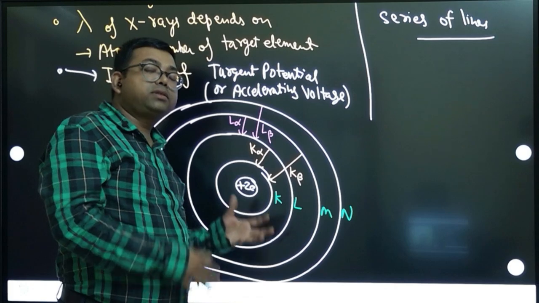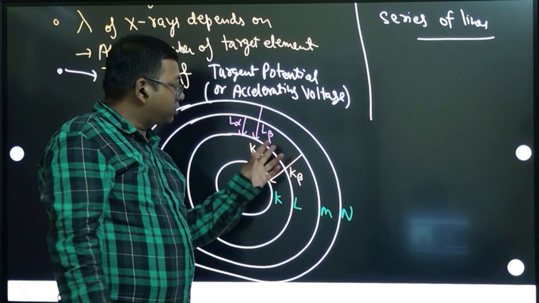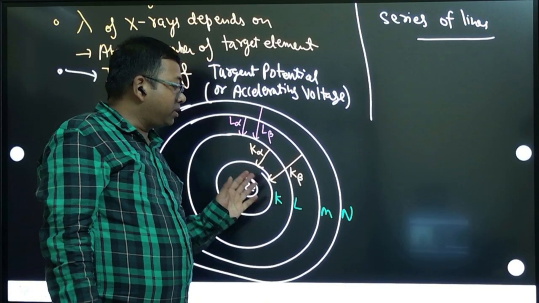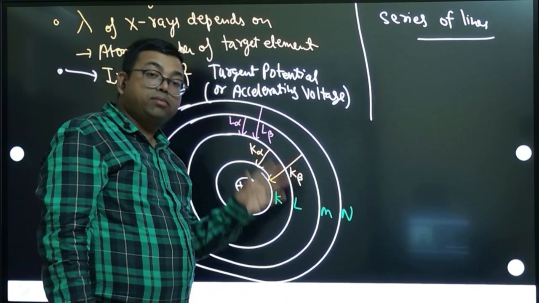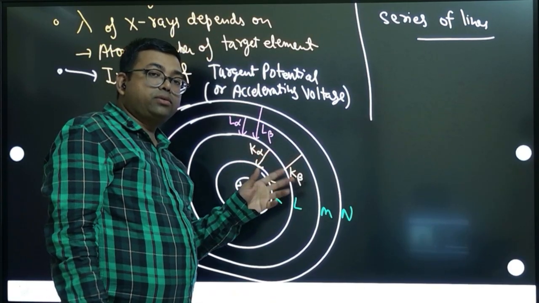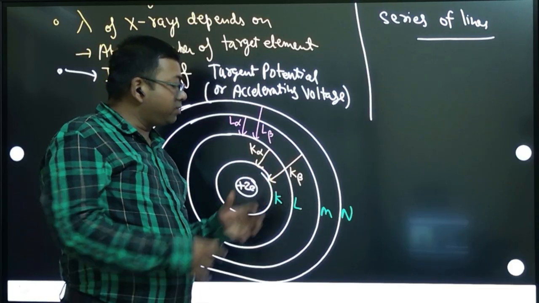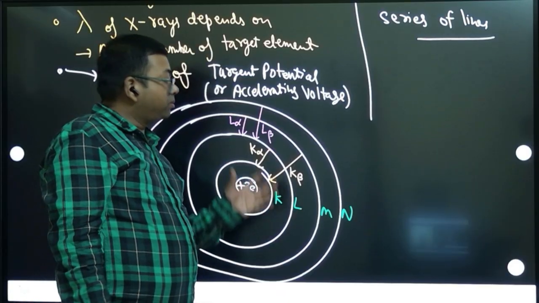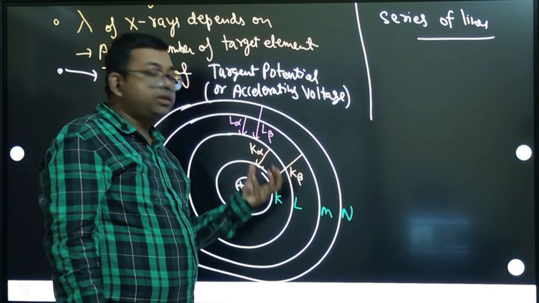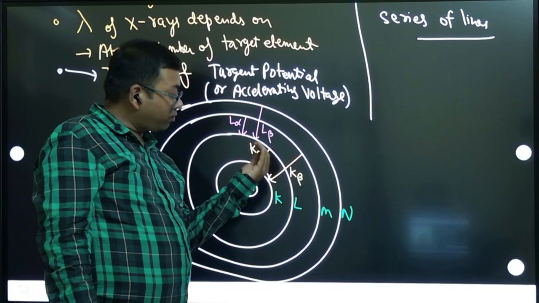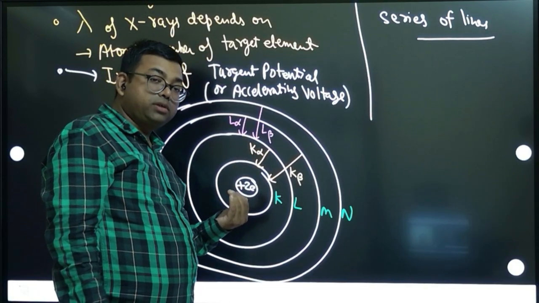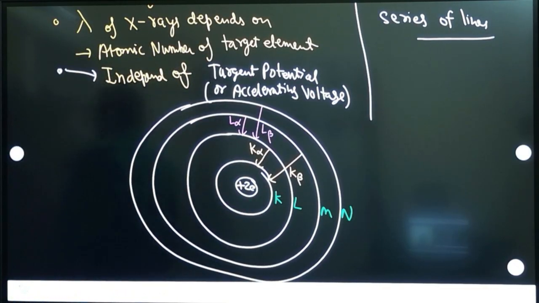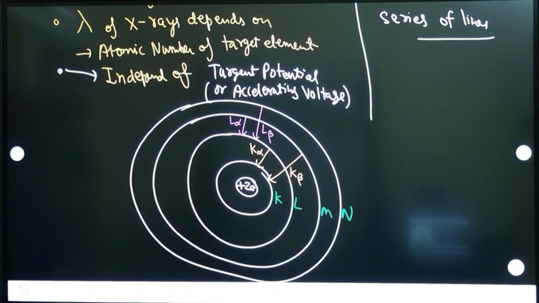So this is characteristic, because it depends on the energy of K, L, M of that atom. According to that, the transition gives a particular kind of photons. These are X-rays, but they have a particular energy because they go from one particular shell to another particular shell. They give a characteristic energy. That's why it is called so. It depends on the nature of that target.